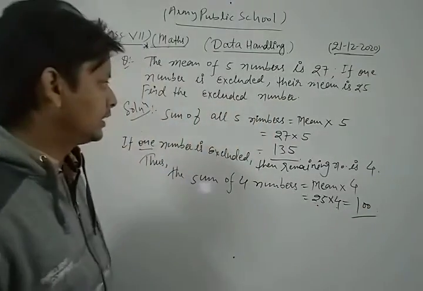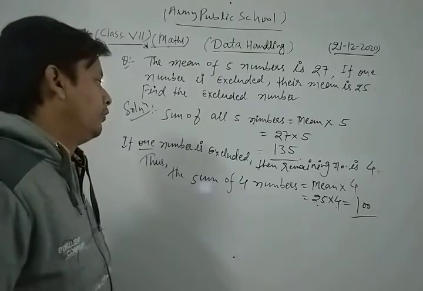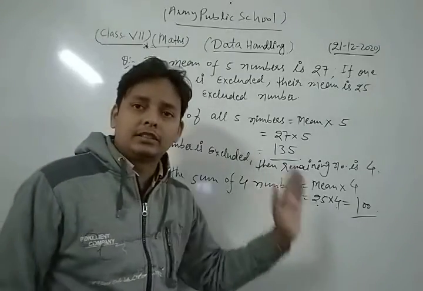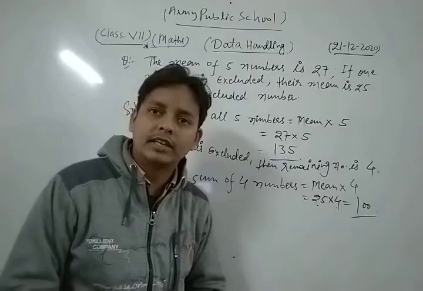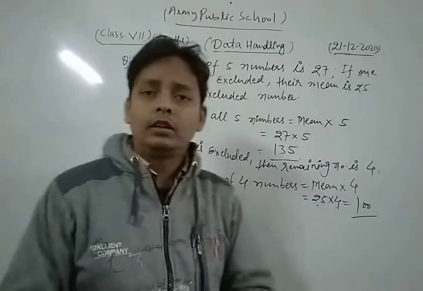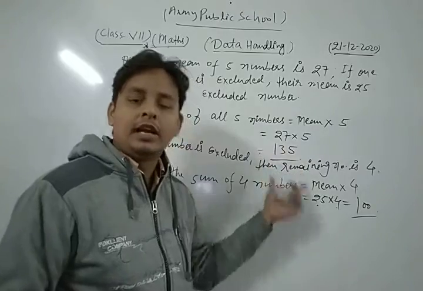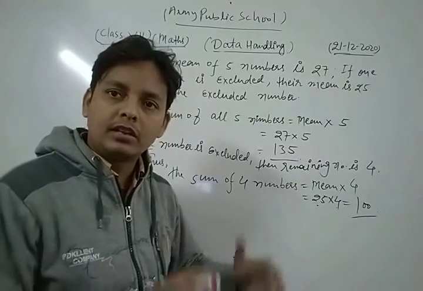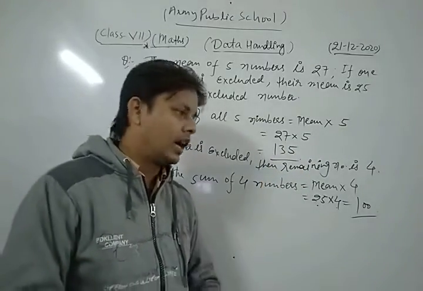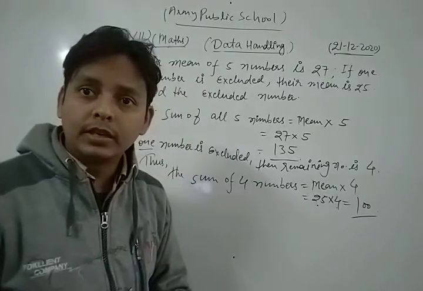Thus, dear students, we get the sum of all 5 numbers, 135, and the sum of the remaining 4 numbers, 100. Thus the excluded number is what?